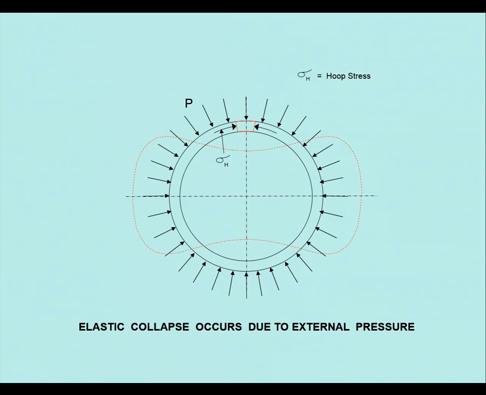It doesn't necessarily fail like this, because normally if it's a big pipe sitting on the seabed, it's gone out of round anyway, which we'll talk about in a minute, but this is theoretical. So it'll go into this peanut shape, and you can see why they call it the peanut shape.